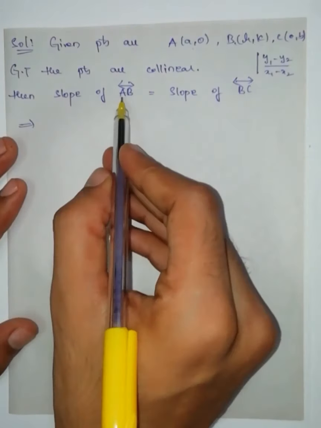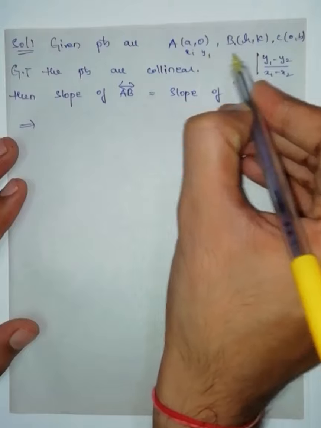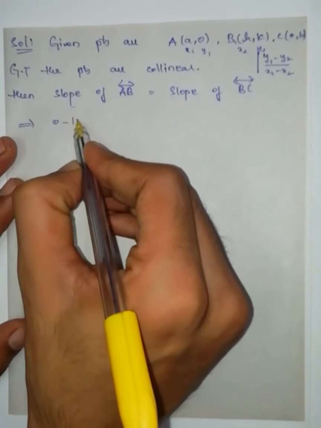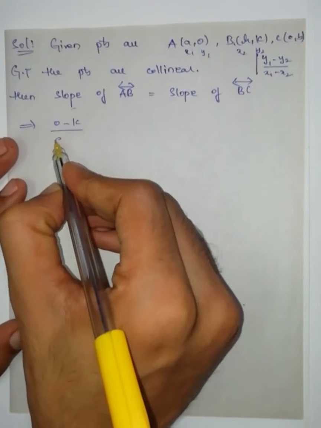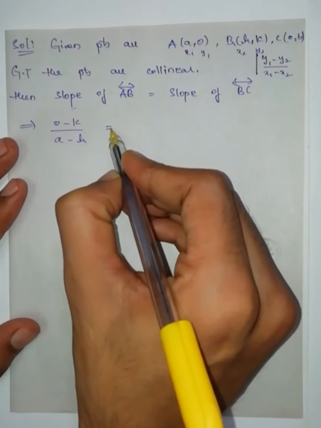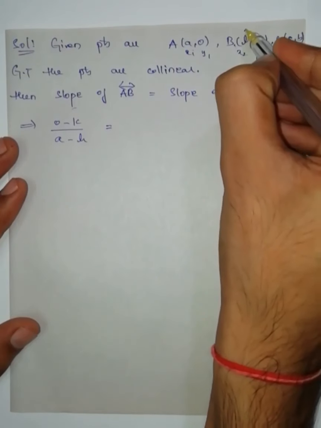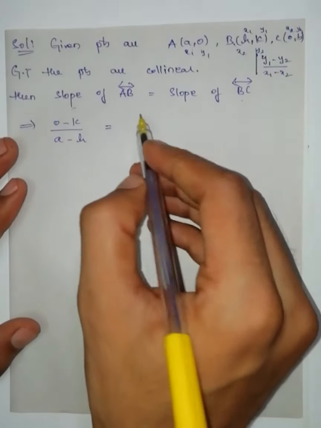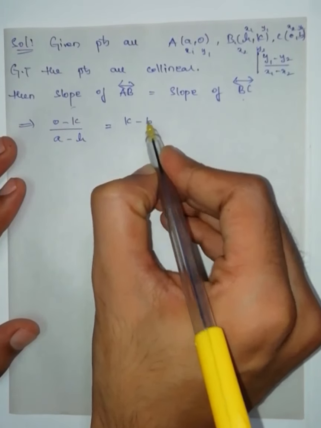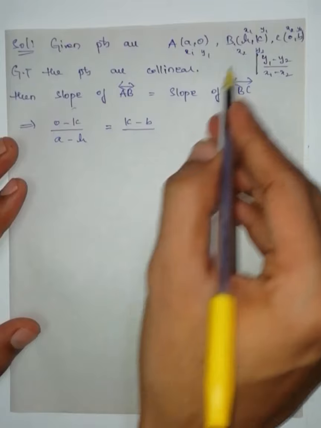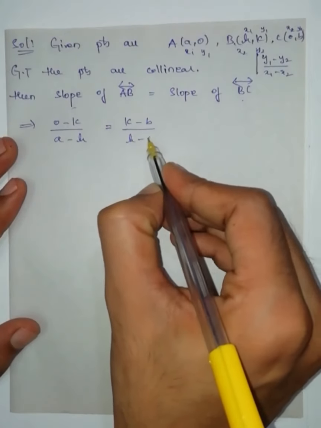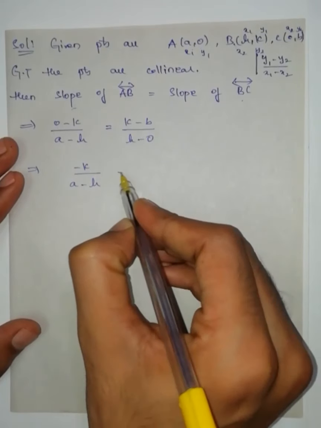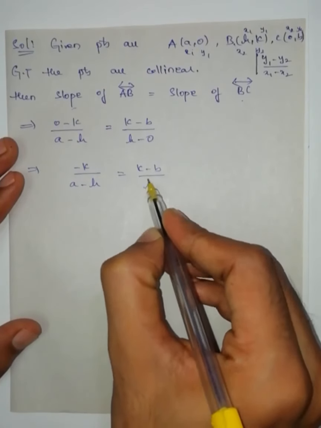That is, here for the AB, this one is x1 y1 x2 y2, then 0 minus k by a minus h is equal to, now for BC, this one is x1 y1 x2 y2, k minus b by h minus 0. This implies minus k by a minus h is equal to k minus b by h.